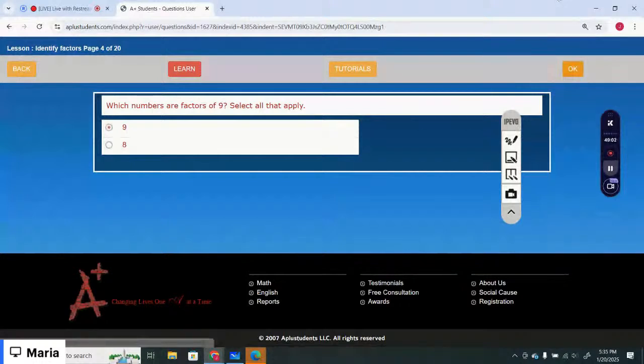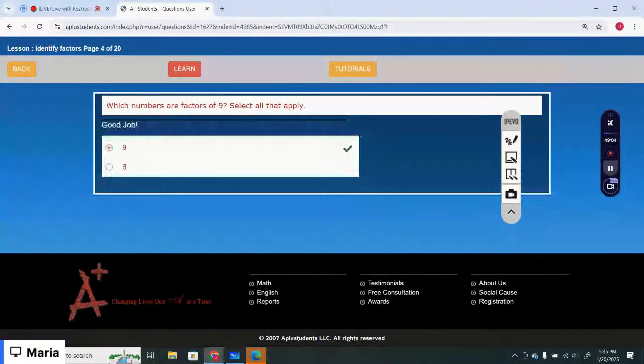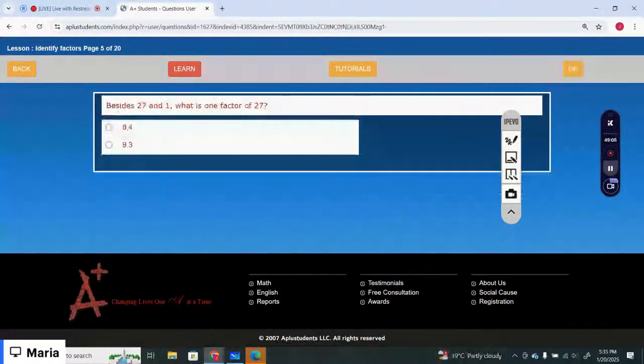Option number 1 is the correct option. Besides 27 and 1, which is one factor of 27?